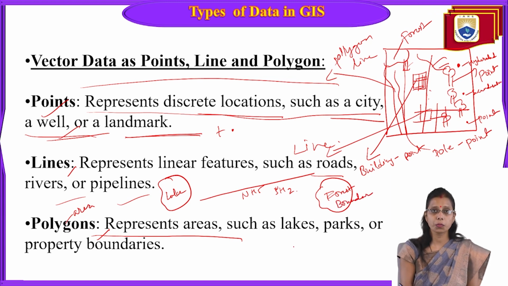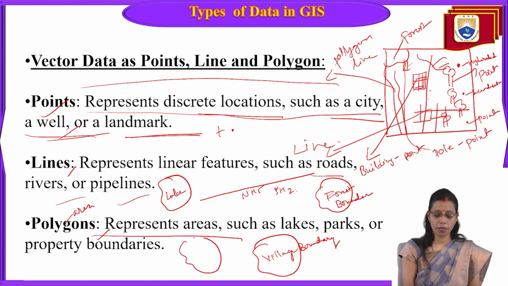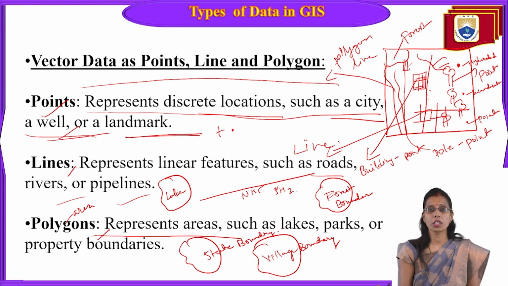Any village boundary or state boundary, these all will be categorized as polygons or area. So polygons represent areas such as lakes, parks, or property boundaries. These are the vector data features, either points, lines or polygons.